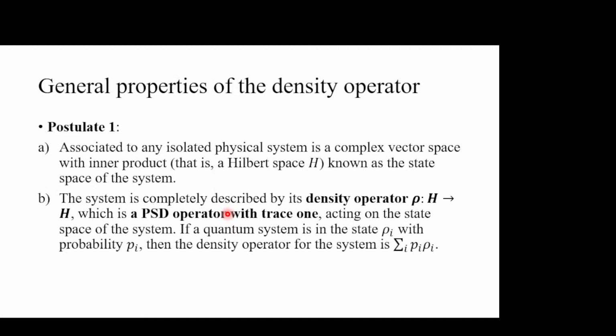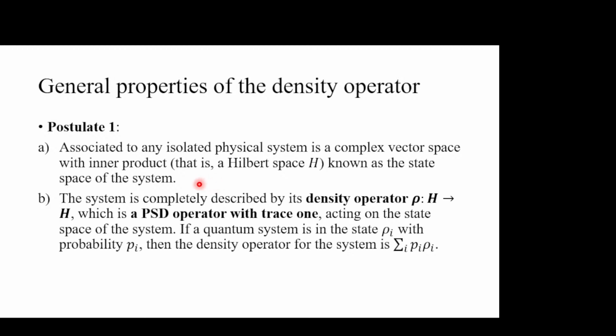Basically, we have our 4 postulates of quantum mechanics, and we can rewrite them all in density operator terms. Once again, for an isolated physical system, there is a complex vector space called Hilbert space, or the state space of the system.